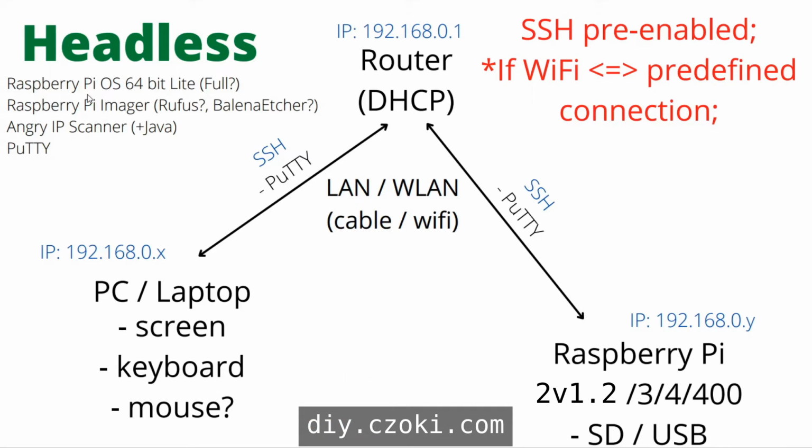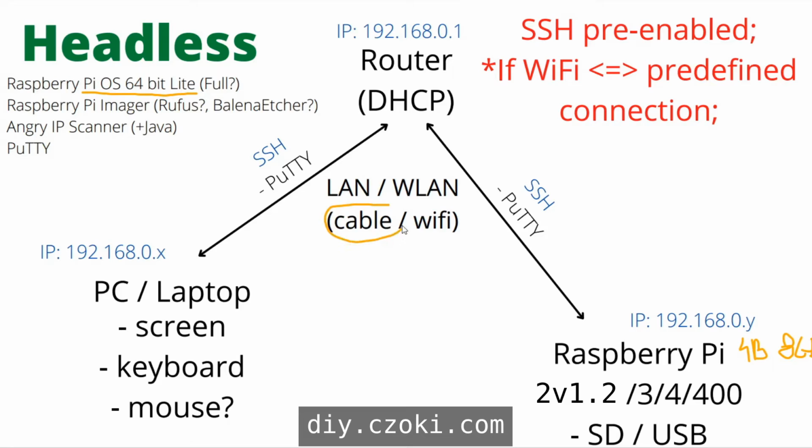So the case we'll walk through will be Raspberry Pi operating system 64-bit Lite. I'm going to use the Raspberry Pi that I currently have available, which is a 4B with 8 gigs of RAM.